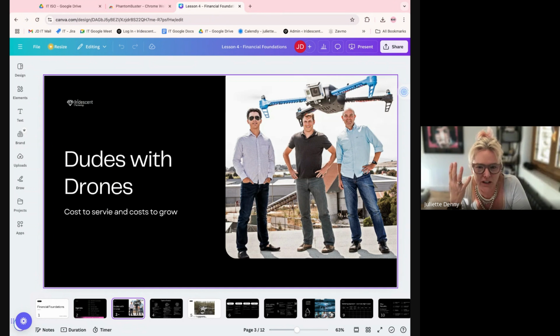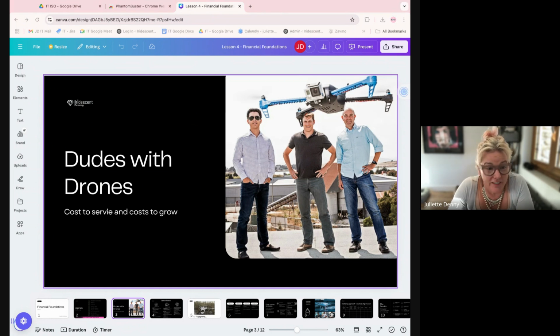So they've got 3 drones. Each of these drones cost about 100 grand each. They got some seed money from their parents, and basically they bought 3 of these drones. And what they do is they video high performance, super exciting sports events. So that is Dudes with Drones.